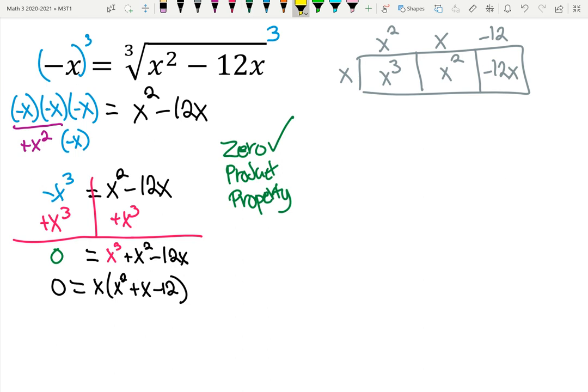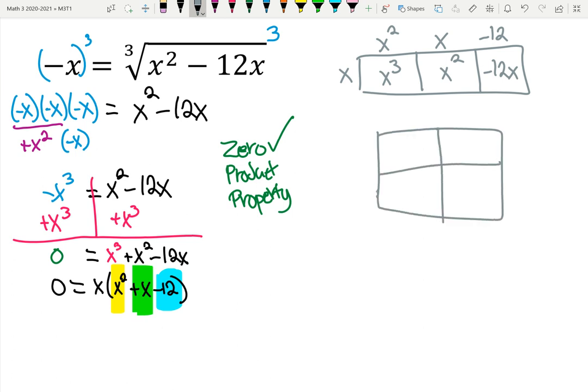Now, I'm going to ignore that x in the front for right now. And the idea is that I'm just going to try to figure out what factors into this. So I look at my area model. I know my first term will go in the top left. I know my last term will go in the bottom right. And I have to figure out a way to construct positive x. So I'm going to write x squared, negative 12.